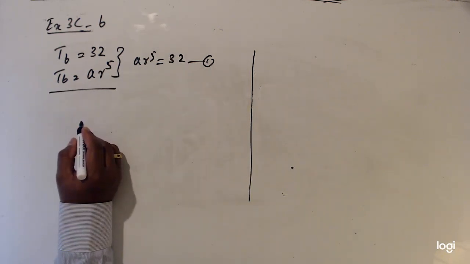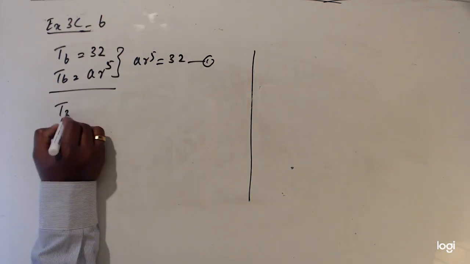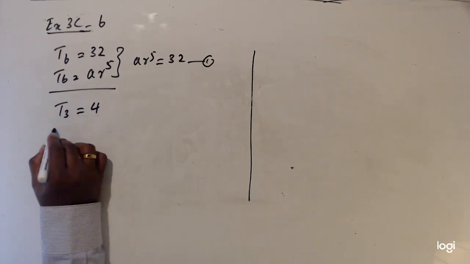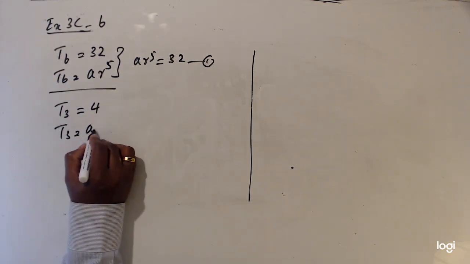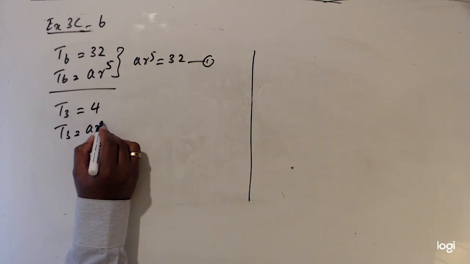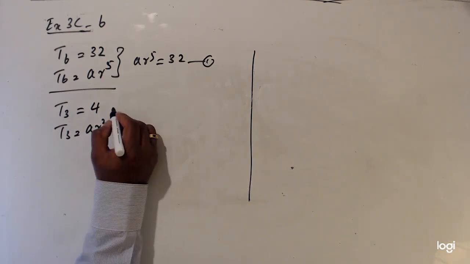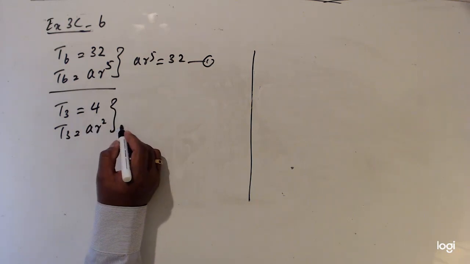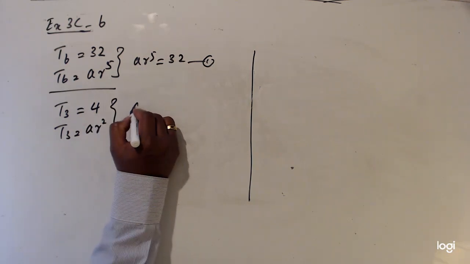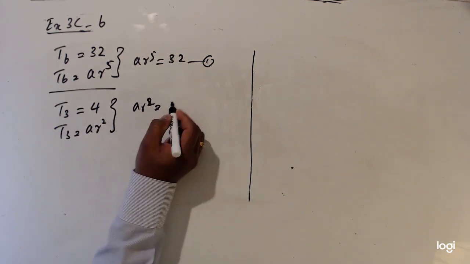Then the third term is 4. The third term we can write as AR^2, so from here we can conclude AR^2 equals 4.